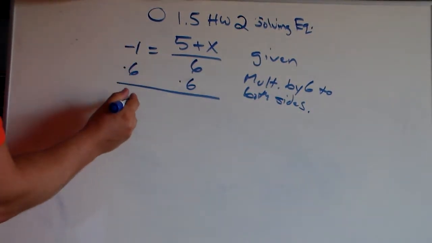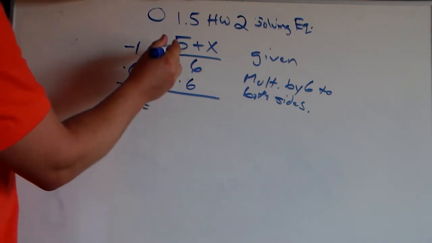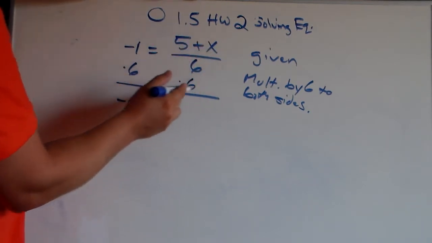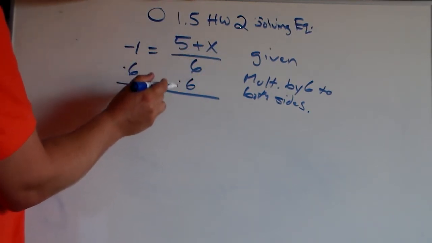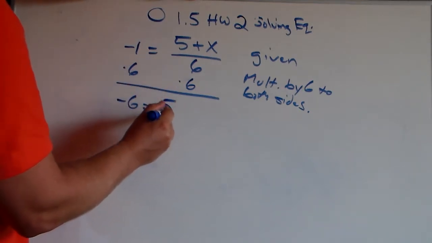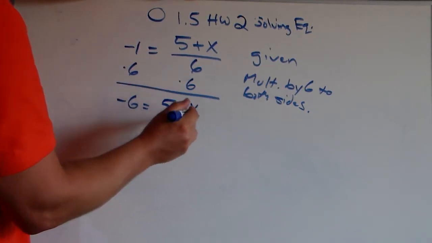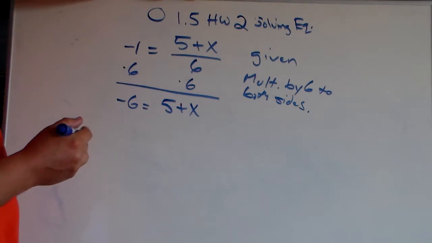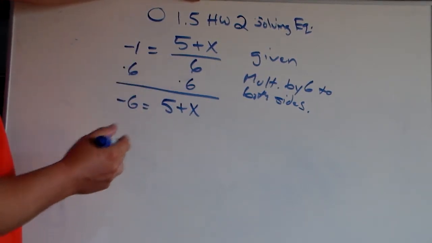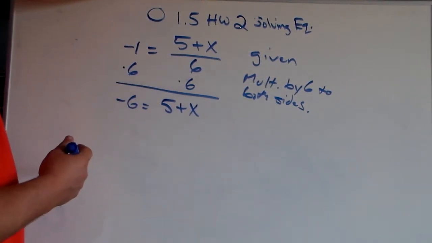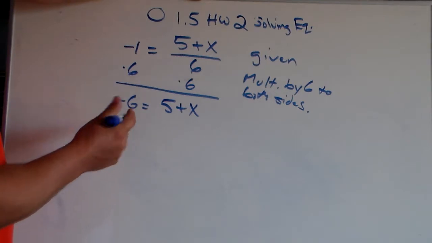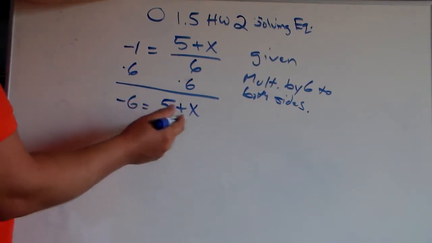Negative 1 times 6 gets you negative 6. Now 5 plus x divided by 6. Well, the divide by 6 and the times 6 cancel out with one another. So we're just going to have 5 plus x on the right hand side because they cancel. This is like adding 3 apples and then taking away 3 apples. Now negative 6 equals 5 plus x.